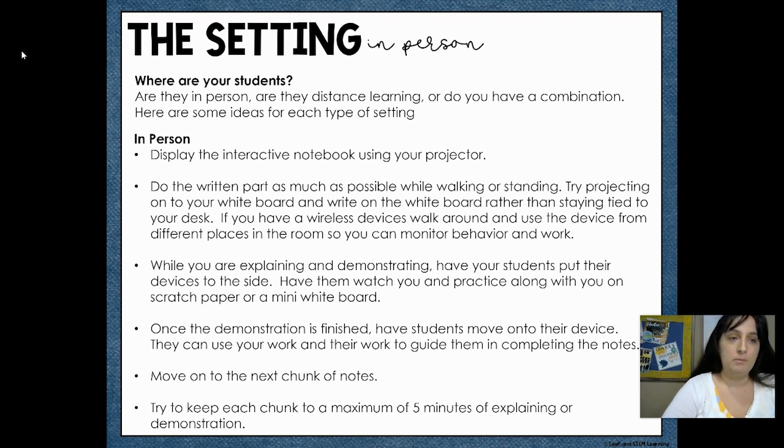The next thing I'd recommend is if you have a whiteboard, project onto your whiteboard. That way you're not stuck at your computer the entire time typing and doing things on the computer. You can actually walk up to the front of the room, mingle in among the students as you are allowed, especially if you're doing some social distancing types of things.